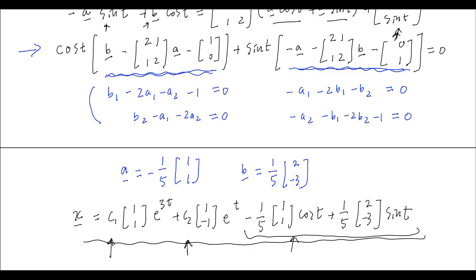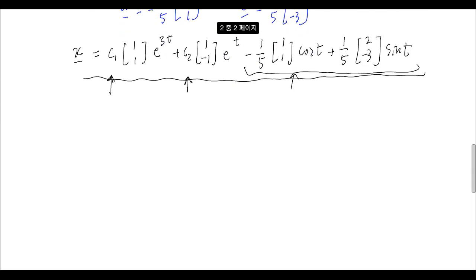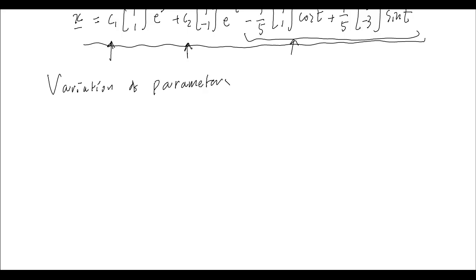Okay, now let's look at the second method of solving non-homogeneous systems of ODEs. That is called the method of variation of parameters. This second method is more general than the first one.